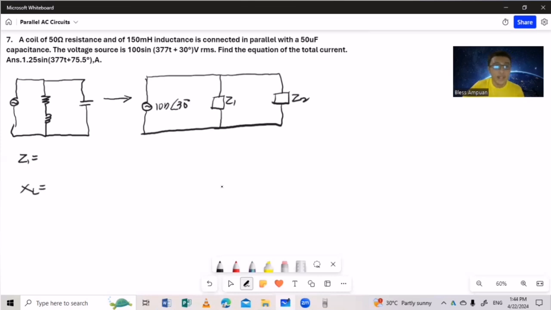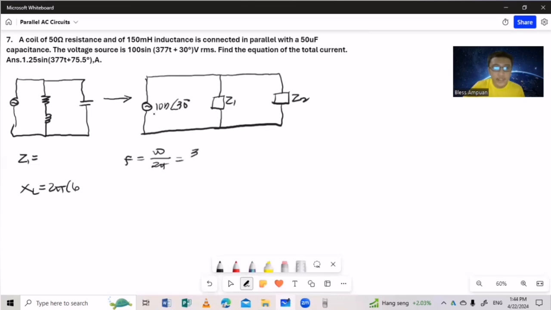We know that our X sub L is 2 pi times the frequency. Do we have a frequency? Okay, our frequency is not yet given, but we have an angular velocity. So our frequency is equal to angular velocity over 2 pi.